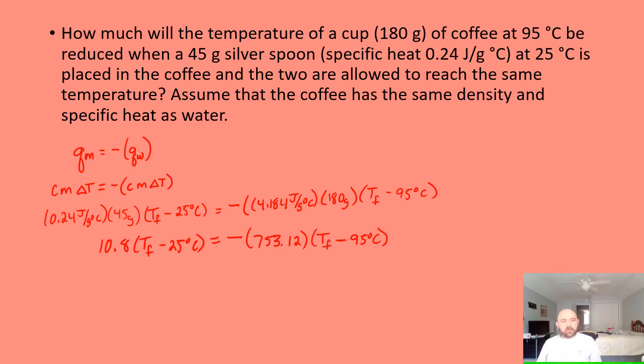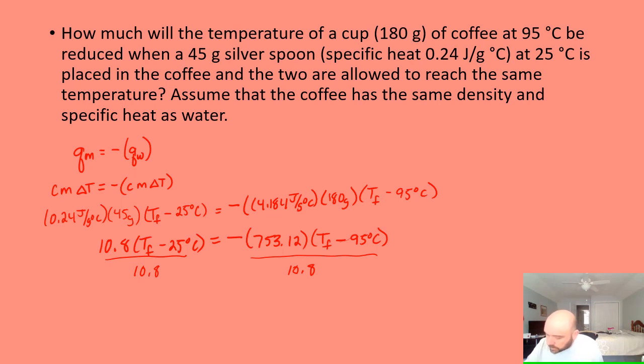All right, now we can divide both sides by 10.8 to simplify the expression even further. 753.12 divided by 10.8 is 69.73.